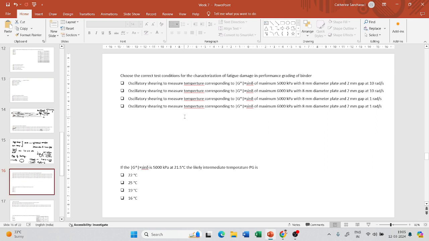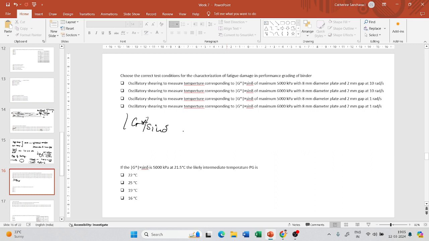Okay, so now moving on to the next question, a similar question, but here we are going to talk about fatigue damage. Choose the correct test conditions for the characterization of fatigue damage in performance grading of bitumen. Here, as I told you, the criteria is G star into sine delta. For fatigue we will see later why G star by sine delta and G star into sine delta are used for rutting and fatigue respectively.